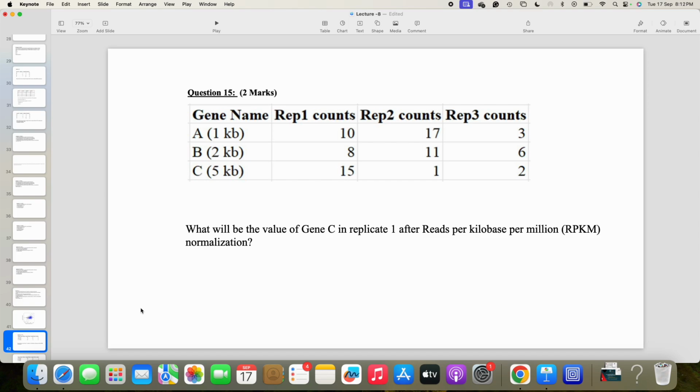Please try to calculate the answer for this question.